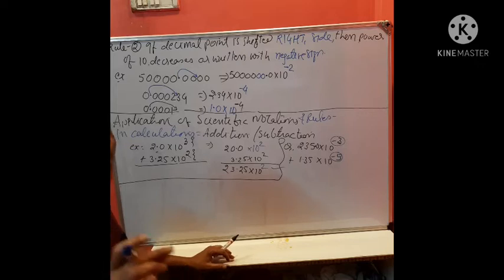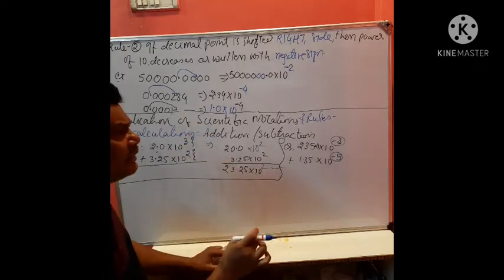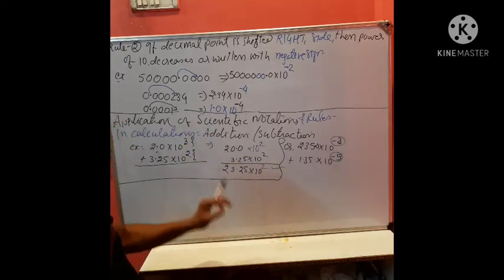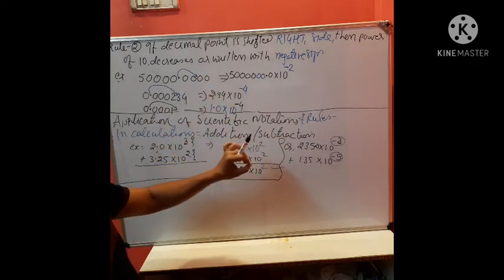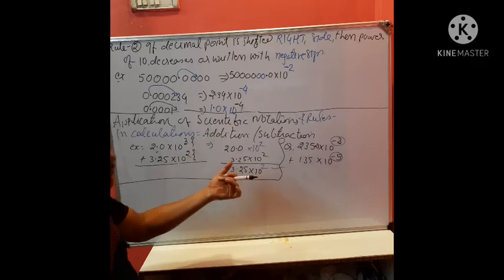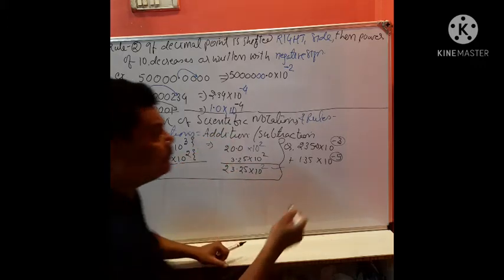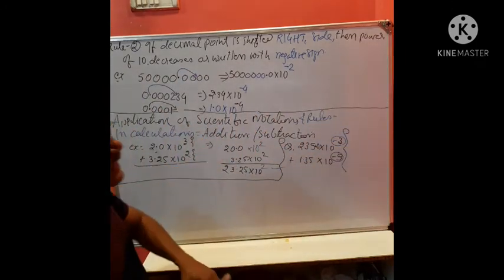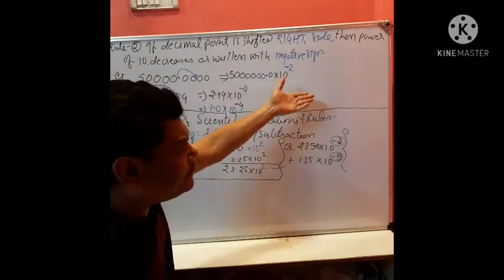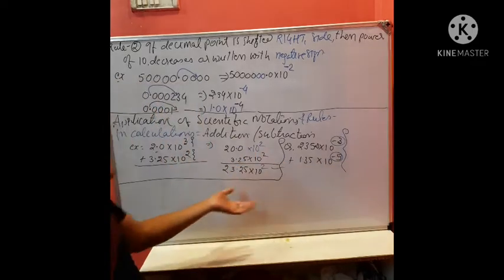But we know that in addition or subtraction the powers remain the same if in the given numbers the powers are the same. So what to do? We have to change these powers. Either we can change minus 3 to minus 5 or minus 5 to minus 3.